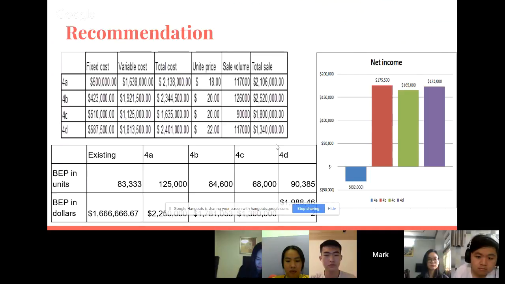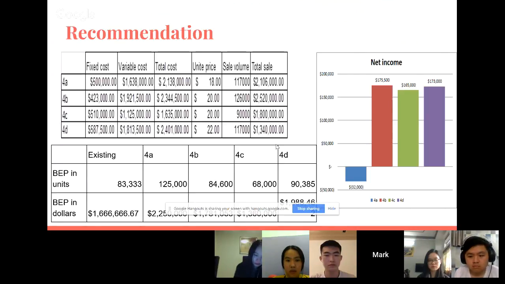Some companies spend less on direct labor and material and spend more on machinery, so they get a product with good quality and also at less cost.